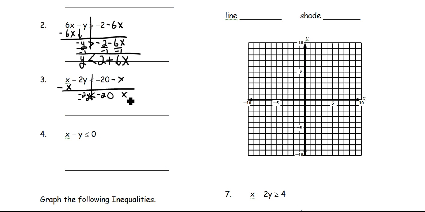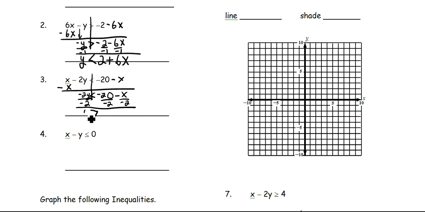Now we're going to divide by negative 2 because the second step is divide by the coefficient of y. Remember, our major rule is if you multiply or divide by a negative number, the inequality sign must be reversed. This is a less than. It now becomes a greater than.